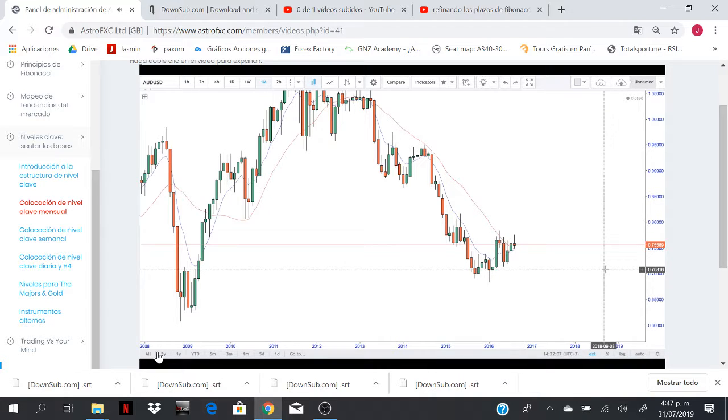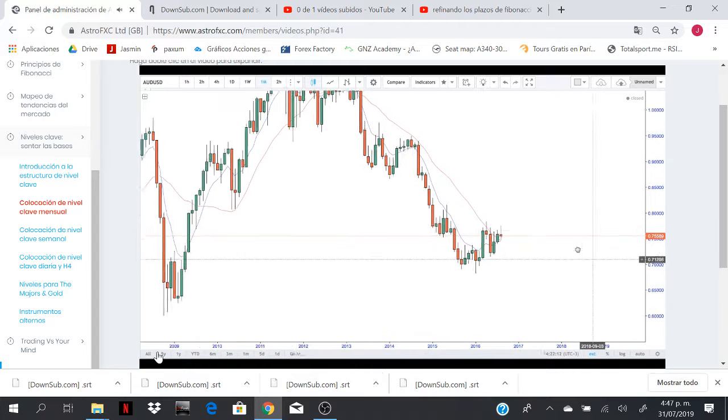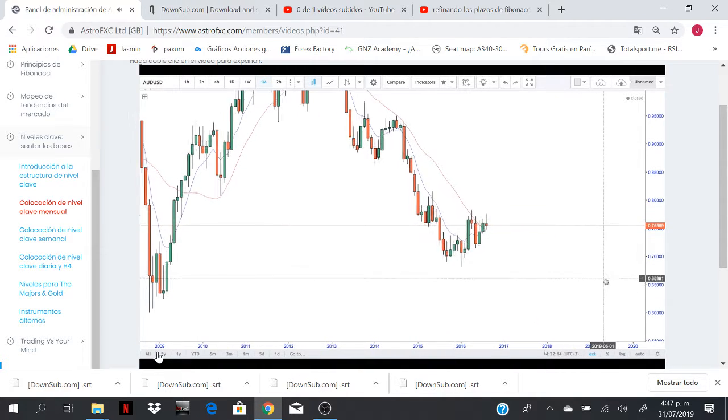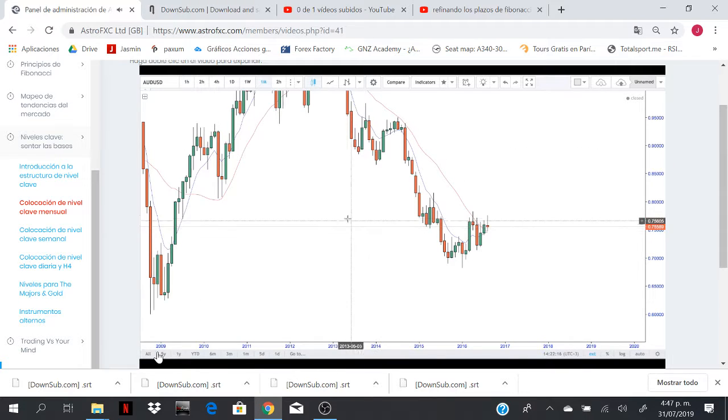Okay, and now my job here is to break this down and put the monthly key levels on there. So I'm going to run through this. It's not rocket science. A lot of the key levels going forward are going to come from my knowledge and experience of following these pairs. And I don't want to really give all of my secrets, so to speak, away.